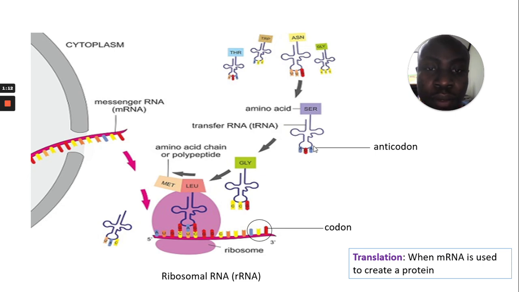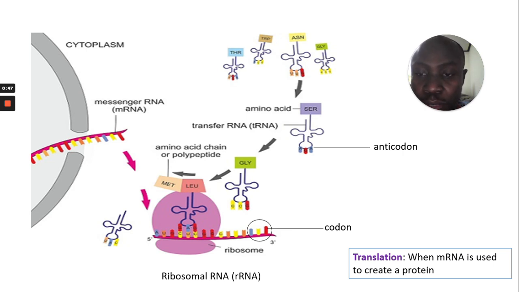At the bottom of their structure, we have three RNA bases which we call an anticodon. And the transfer RNA will bring the amino acid into the ribosome, and the codon of the messenger RNA is going to match with the anticodon of the transfer RNA.